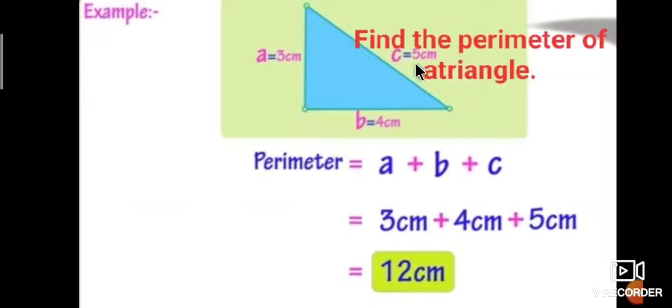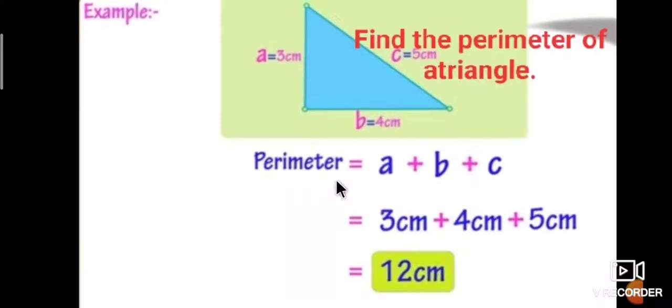Next one is find the perimeter of a triangle when the given sides are 3 centimeter, 4 centimeter and 5 centimeter. We know that, students, the perimeter of a triangle is the sum of all sides.